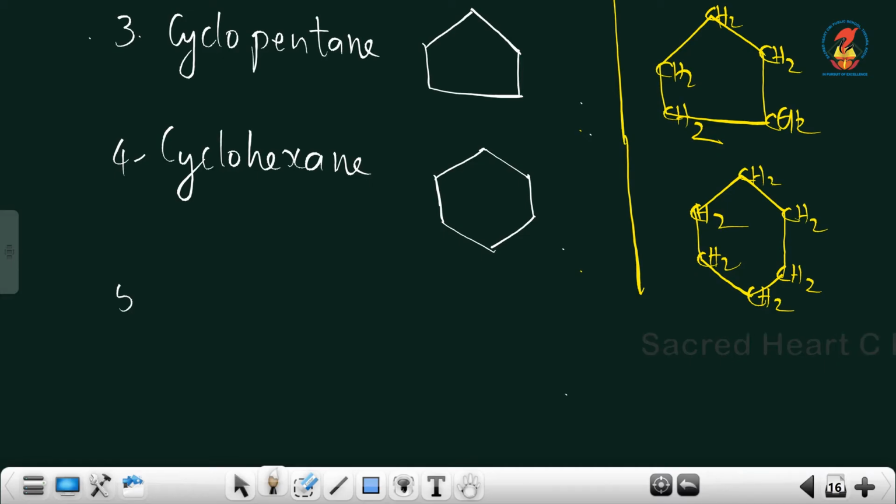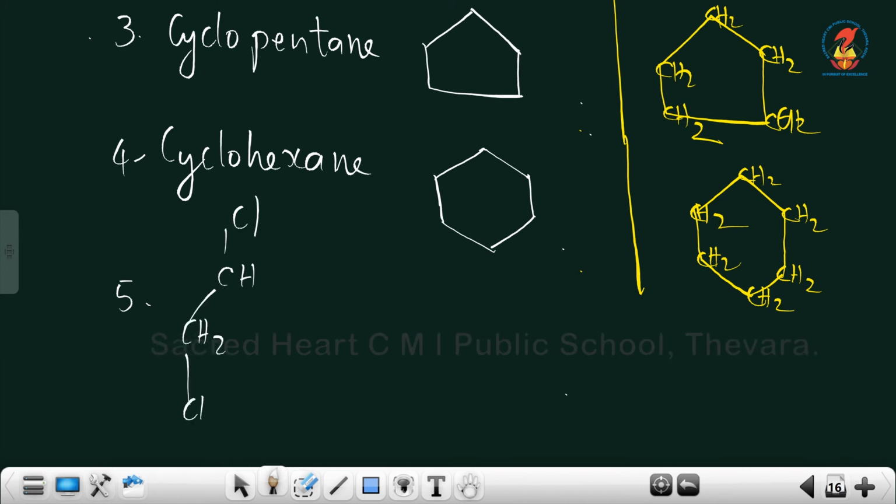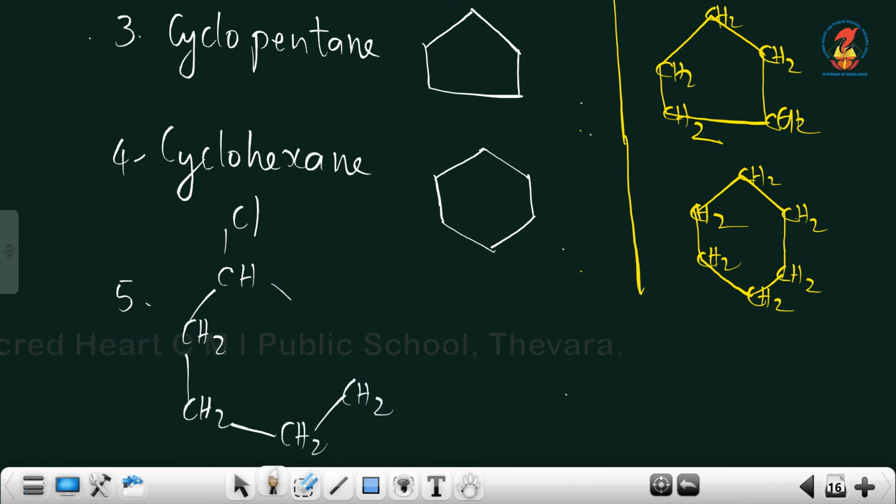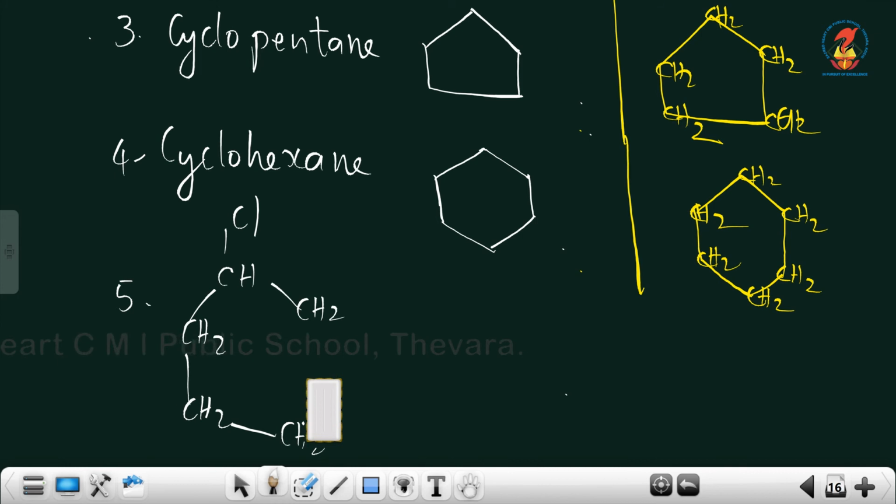Now one more structure I will show you. If there is the same cyclohexane ring, with one chlorine, how can we draw the bond line of this structure?